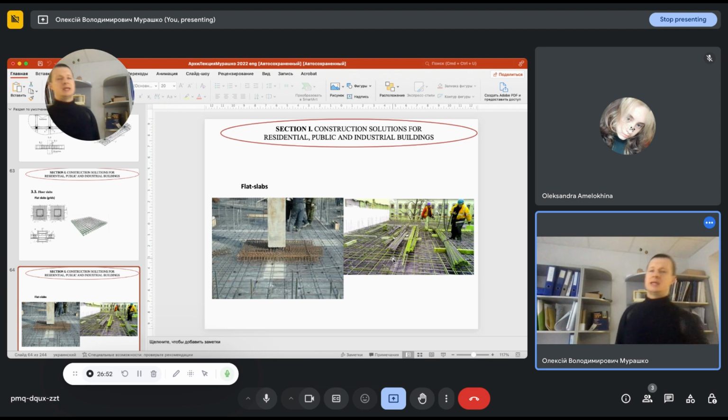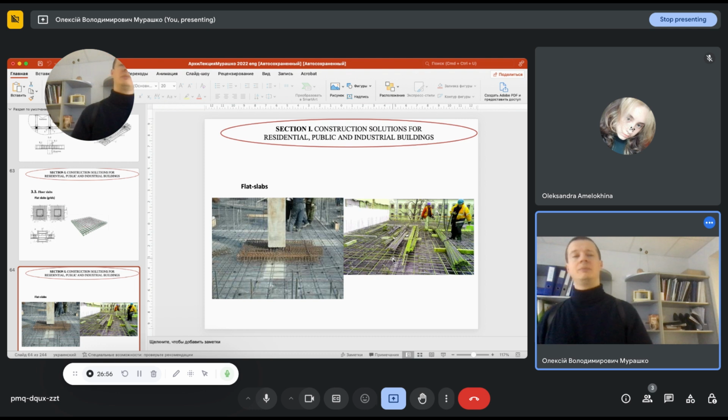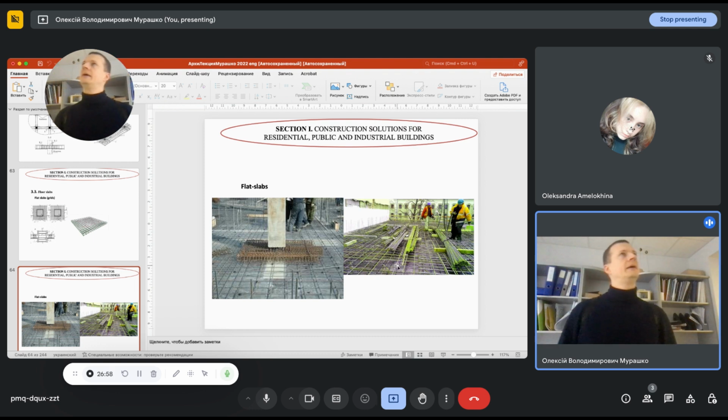But sometimes these meshes can be created at the plant where we have a mesh welding machine.